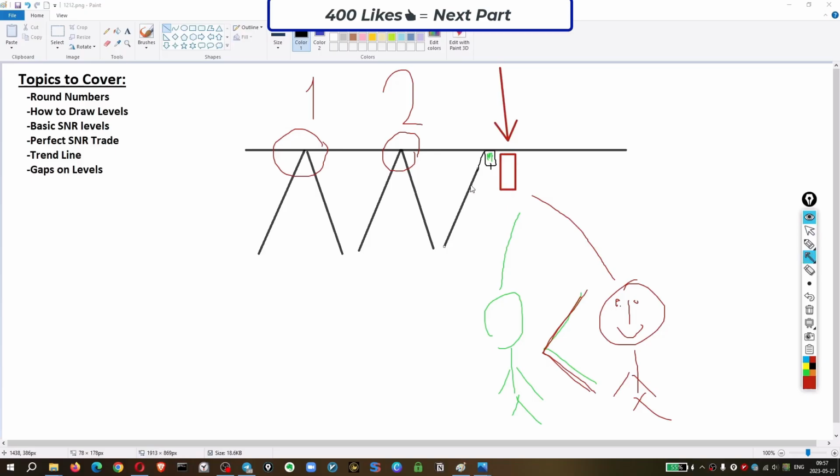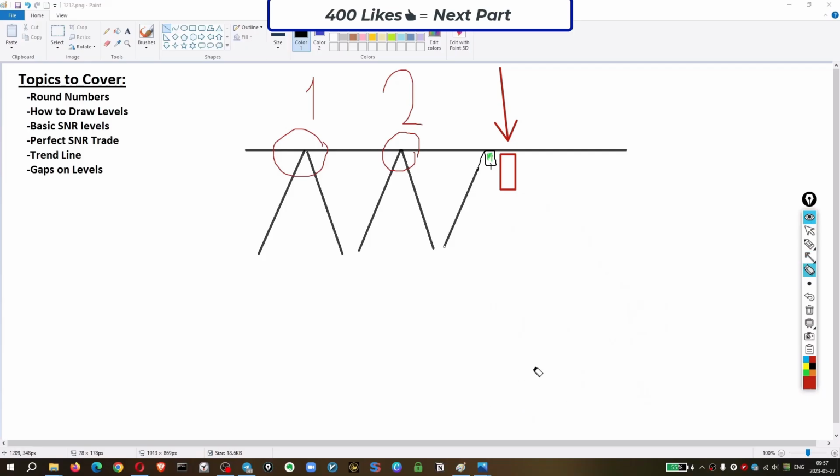So for now, you understood that for drawing a SNR level, we need 2 points to draw the level, okay? If you have just 1 point, this is just a seller's entry.